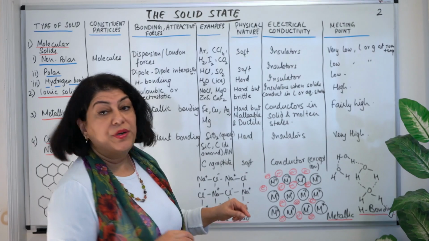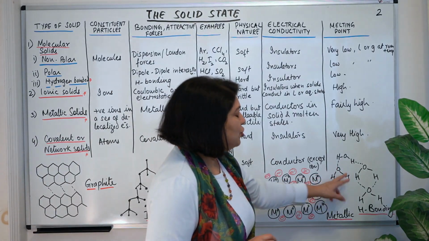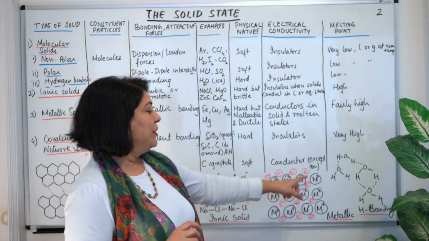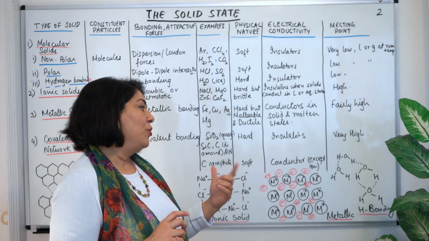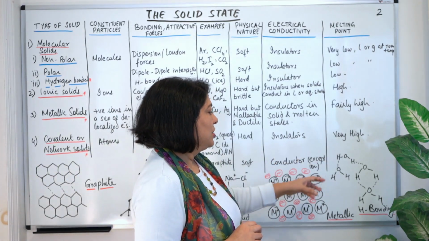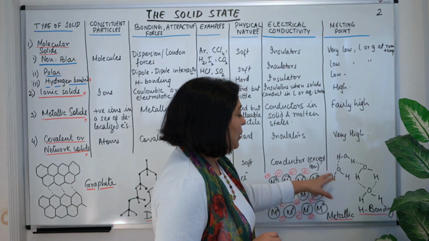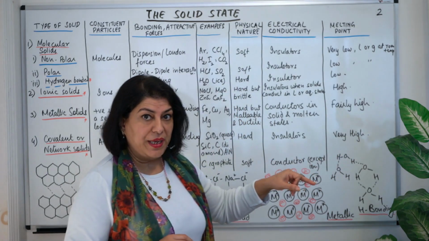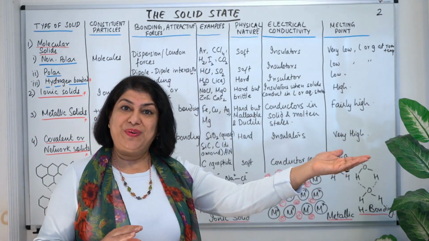A hydrogen bonded molecule is water, for example. In a water molecule, oxygen is attached to hydrogen. Wherever there is a bond between hydrogen and an electronegative atom like oxygen, nitrogen or fluorine, hydrogen bonding exists. So when you have two molecules of water, like you have one molecule of water here, the oxygen, which is electronegative, gets attracted to the hydrogen of the neighboring molecule.